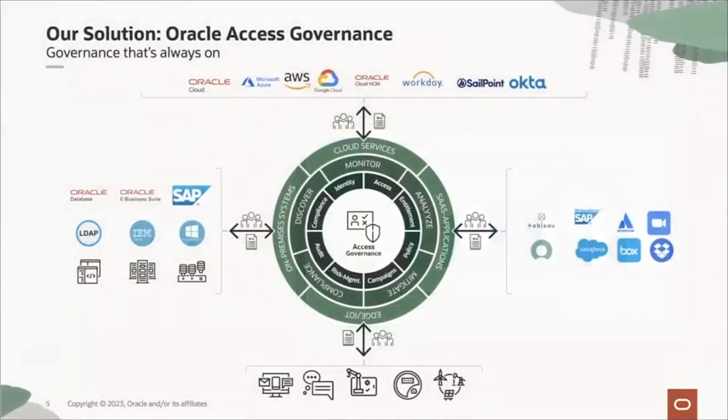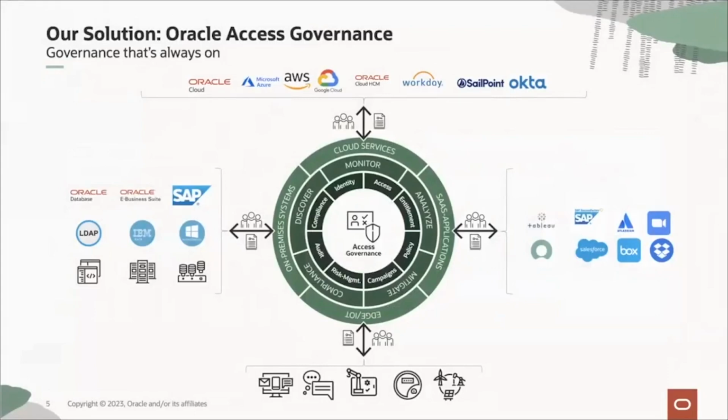Now, a quick recap of the architecture of access governance. At its heart, access governance is an identity governance and administration offering, which manages identities, accesses, permissions, policies, and campaigns, reviews.